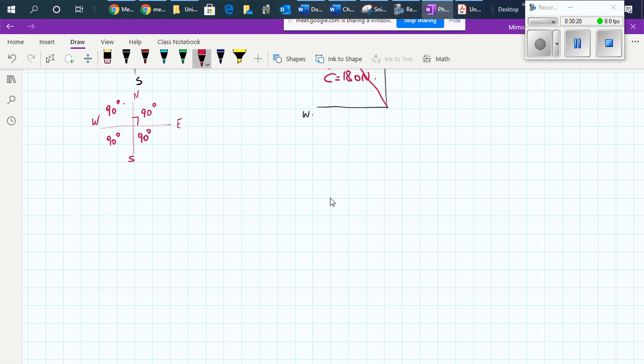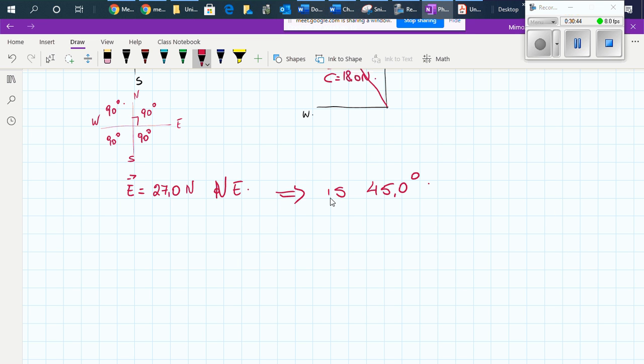If you see a vector E with magnitude of 27 newtons northeast, that means that the angle is 45 degrees. So it's right in the middle of the north and east quadrant.